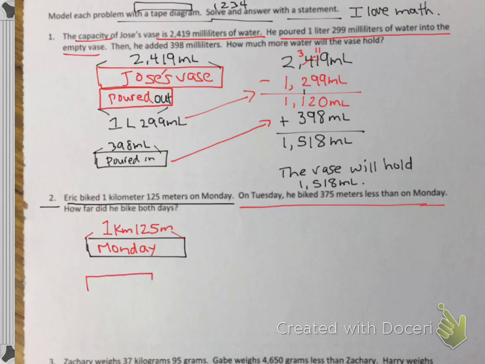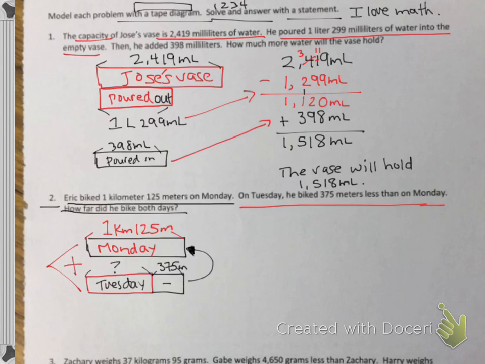So we can put our tape diagram right here. Awesome. But we don't know the exact amount yet. However, we know that he did bike 375 meters less than Monday. Okay, so we need to find the total for Tuesday, and then how far did he bike in both those days? Then we have to add them.